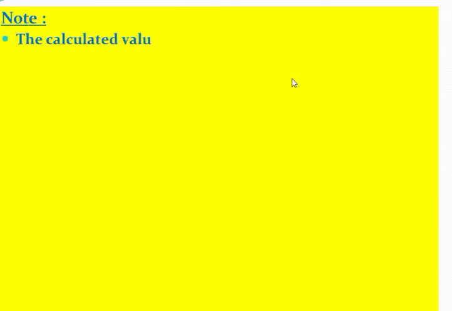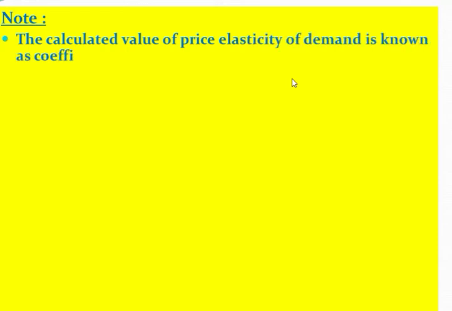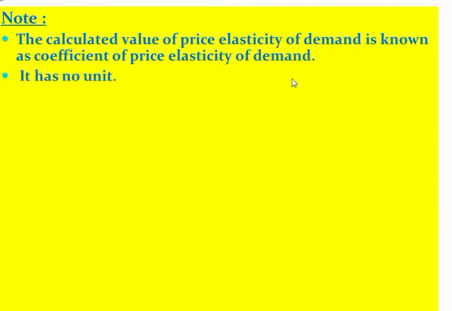The calculated value of price elasticity of demand is known as coefficient of price elasticity of demand. It has no unit. It is unitless, always expressed in percent. It is always negative. That means in calculating price elasticity of demand, we get a negative result.